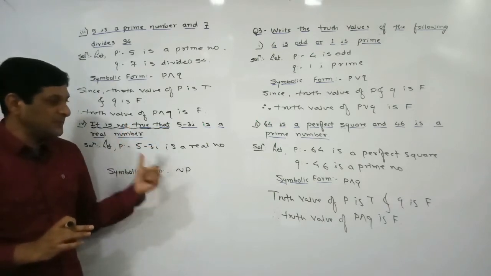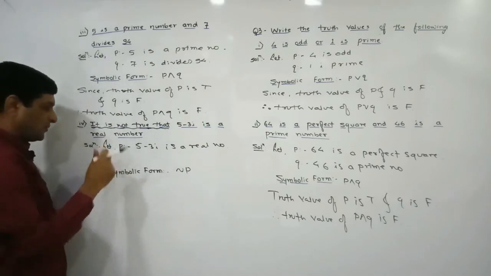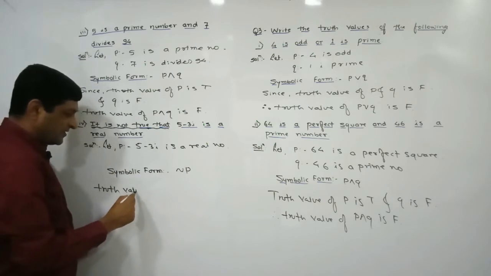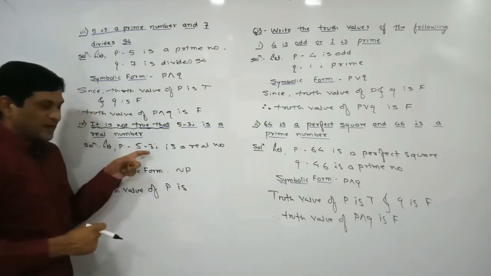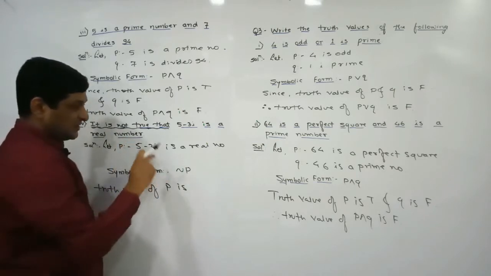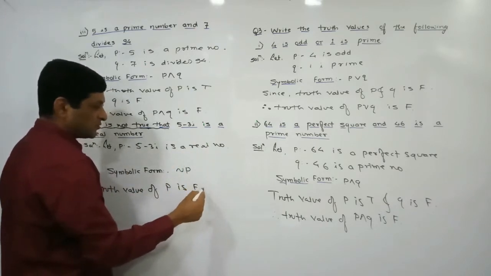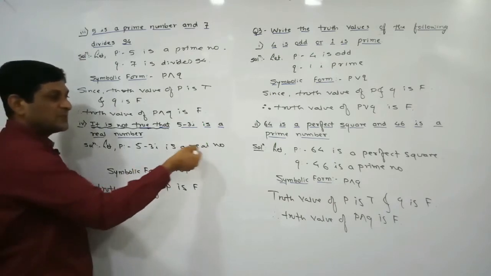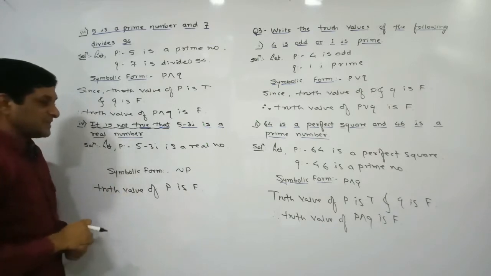Once the symbolical representation of this statement is known, find out the truth value of P. Here we observe that 5 plus 3i is a complex number, but it is given that it is a real number, which is false. So P is false.